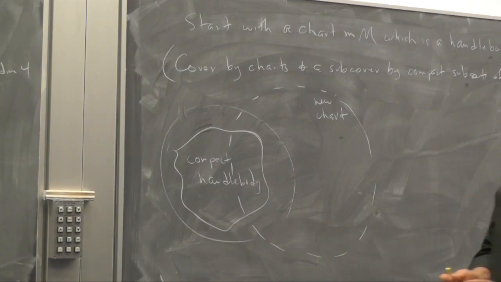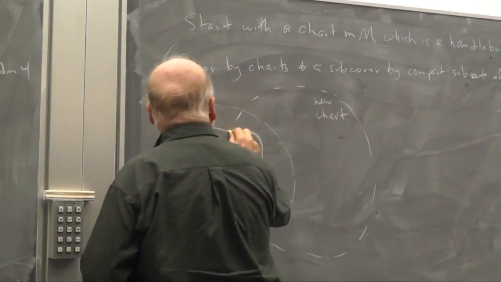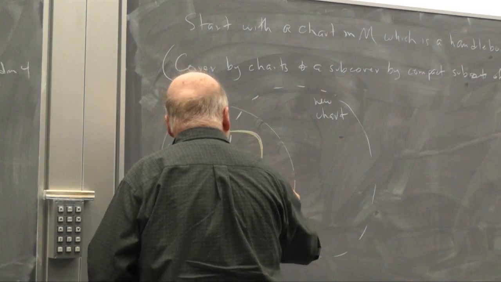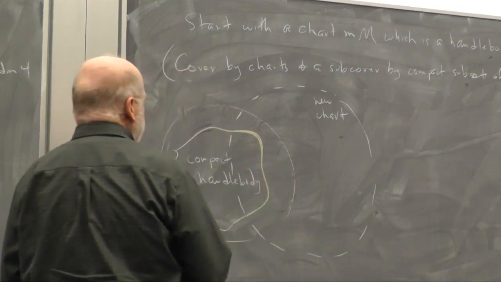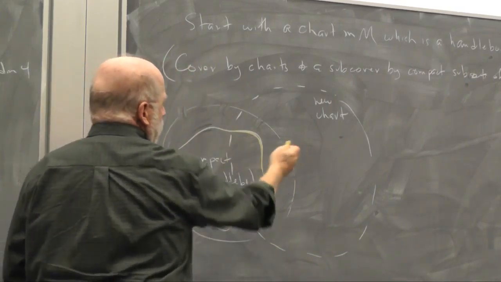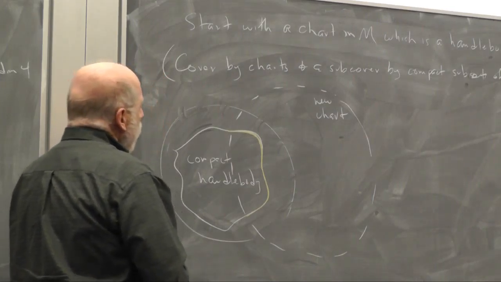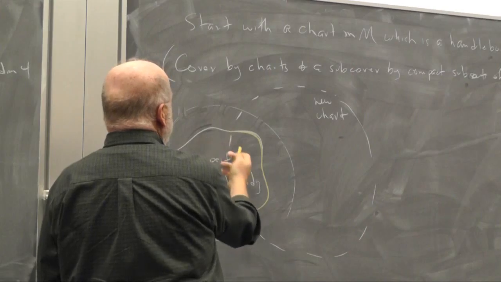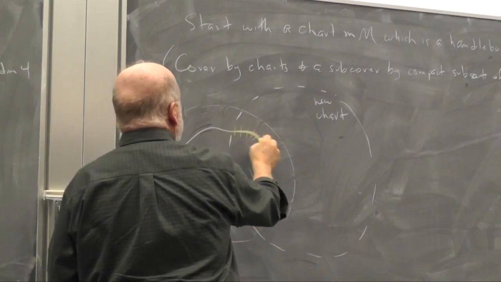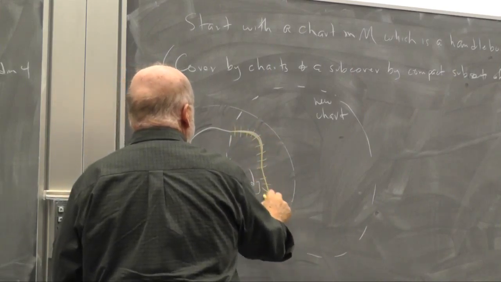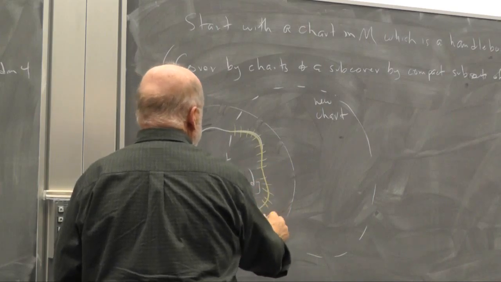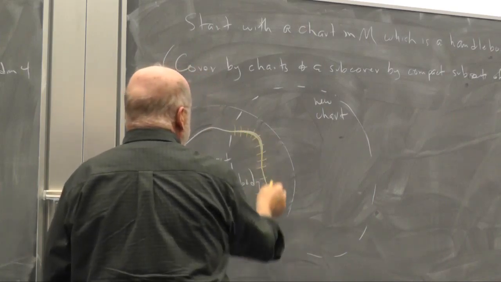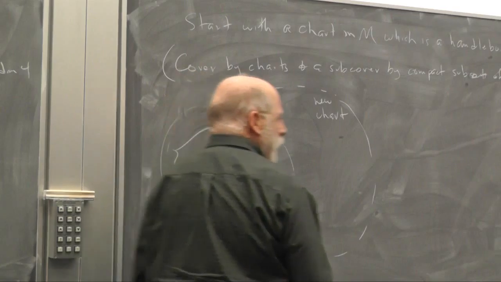So this is the boundary of the handle body we've already constructed. It's the yellow part that's inside the new chart. Well, remember, this was a compact handle body. It certainly had a product neighborhood. So this is some boundary piece cross R.